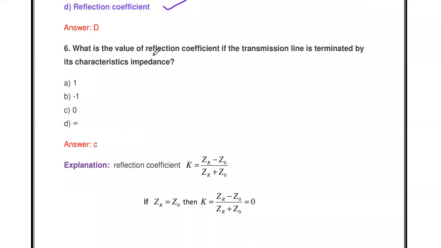Then, what is the value of the reflection coefficient if the transmission line is terminated by its characteristic impedance?